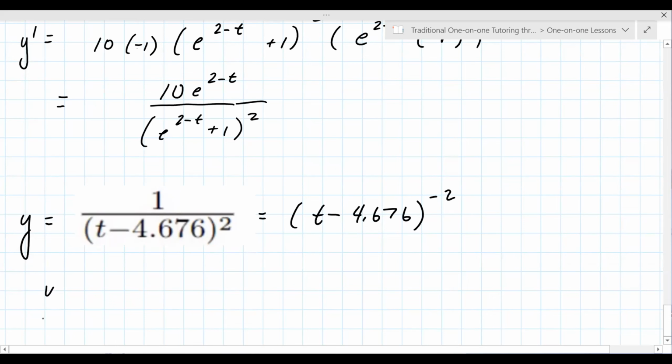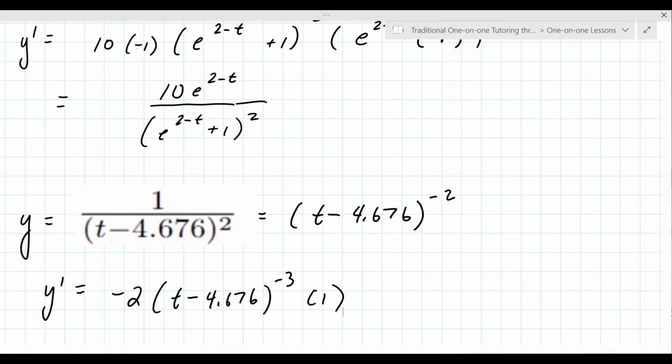The derivative is, bring the -2 down, t minus 4.676 to the minus 3 power. The derivative of the inside function is 1. Oh yeah. Okay, let's do that. And we would do that for the other 3 down there.